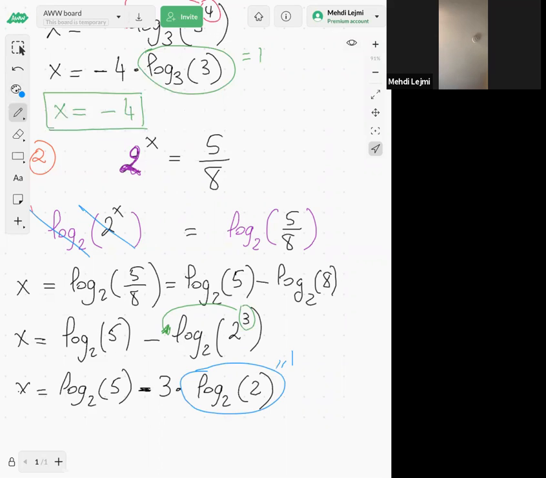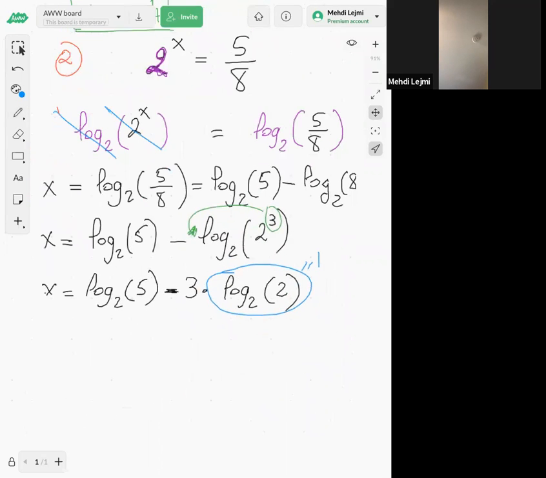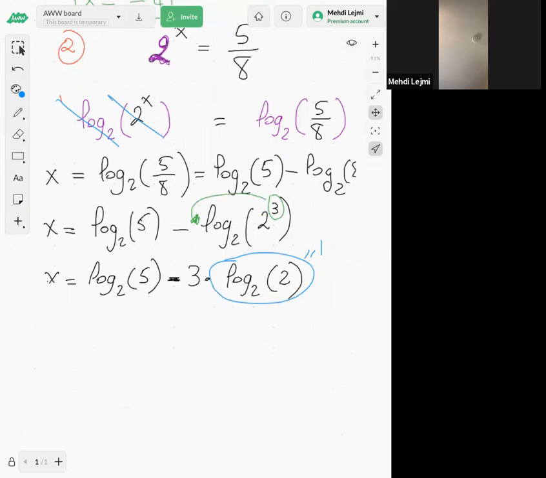So one possible answer is that x is equal to log in base 2 of 5 minus 3 times 1. So x is log in base 2 of 5 minus 3.